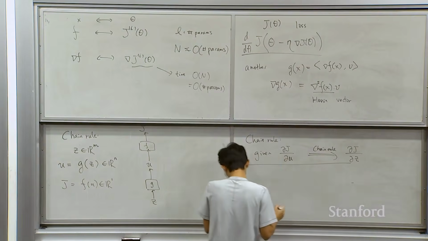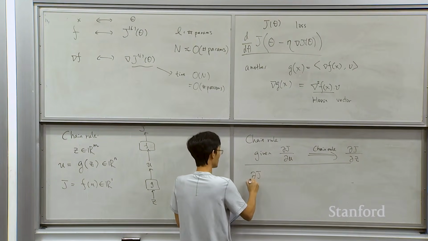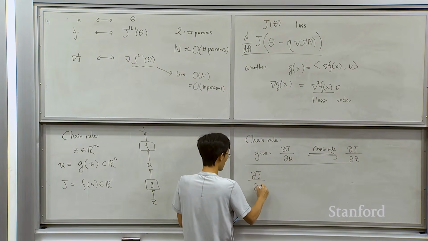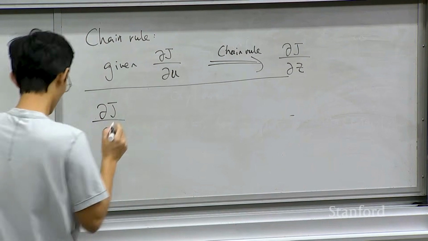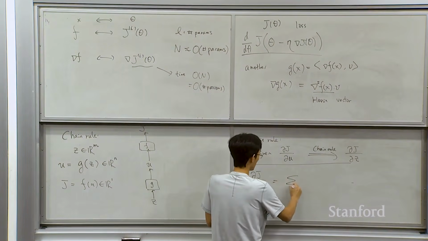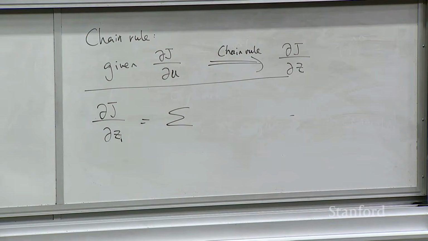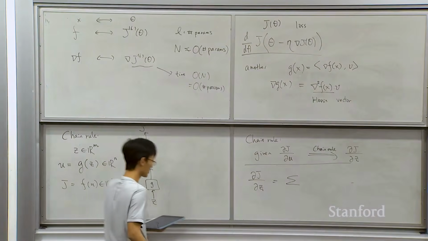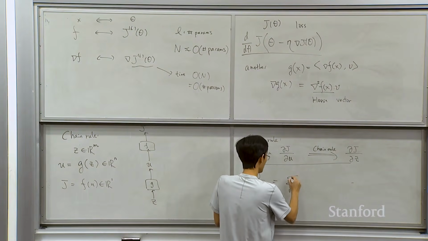So if you want to compute the partial derivative with respect to one of the variables, Z_i, let's say, how do you do the chain rule? You say these are intermediate variables, so I'm going to take a sum over all possible intermediate variables, U1 up to Un. I have n variables here, so i from 1 to n.